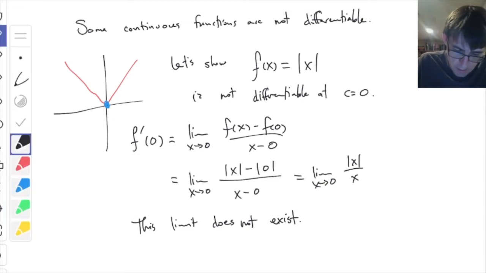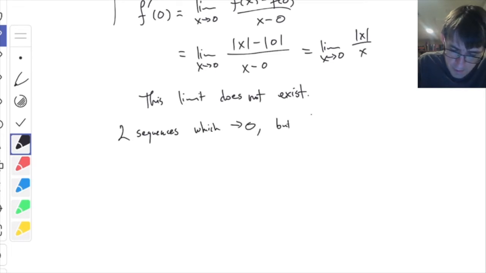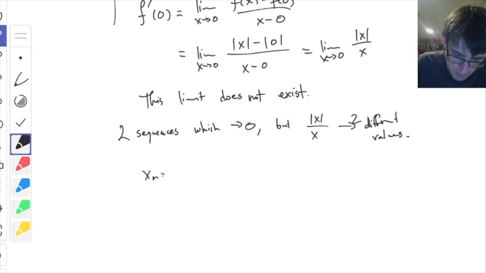I want two sequences which both approach 0, but absolute value of x divided by x approaches two different values. How about one can be 1 over n?